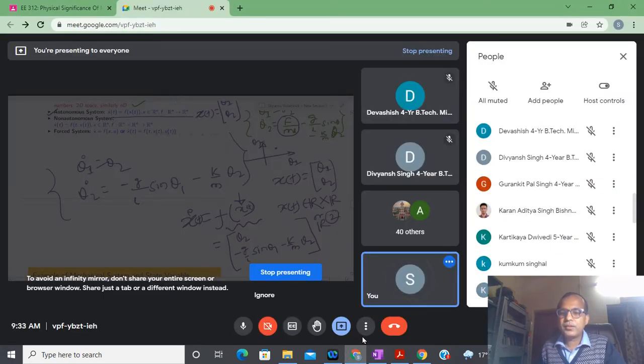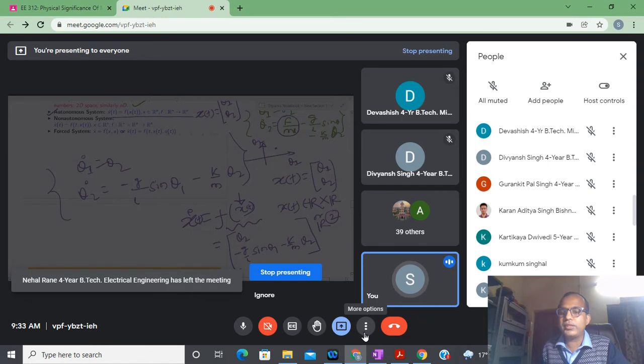Kumkum or Kunal, could you please guess what is the meaning when I am talking about autonomous vehicle or autonomous robotics? Kumkum, are you here? Or Kunal? You can see that several students have just switched on their space and they are not present here.